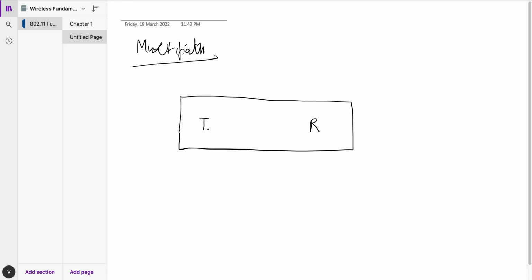If I need to send something from transmitter to receiver in an indoor environment, and I'm using an Omni antenna, which is going to spread the data in the air in all directions, my traffic will reach like this. It can reach like this, like this, or it can also reach like this.